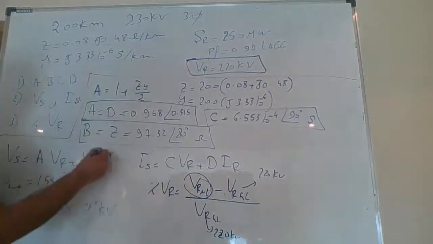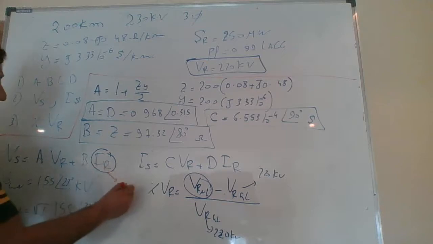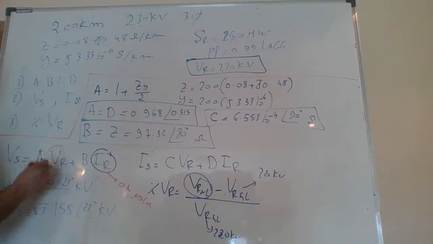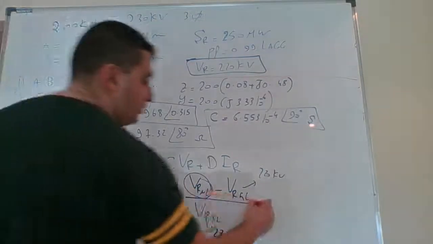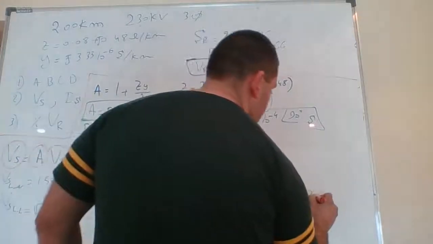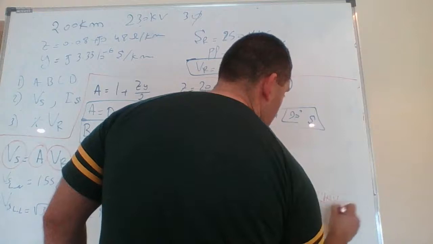Under no load, IR is 0. Remember this, under no load, IR is 0 amps. So therefore, VR at no load is equal to VS divided by A. So under this condition, I put VS over A minus 220 kilovolt, divided by 220 kilovolt.